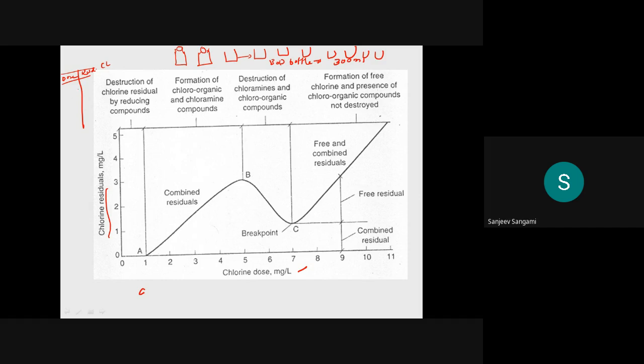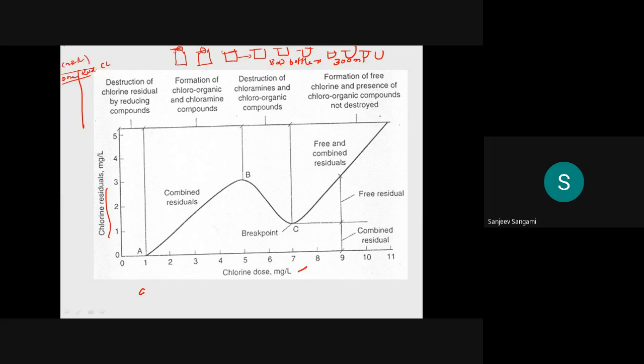Then you go on adding increasing doses of chlorine to the water. Fill the water up to the neck. Then you add the increasing dose in terms of milligram per liter.